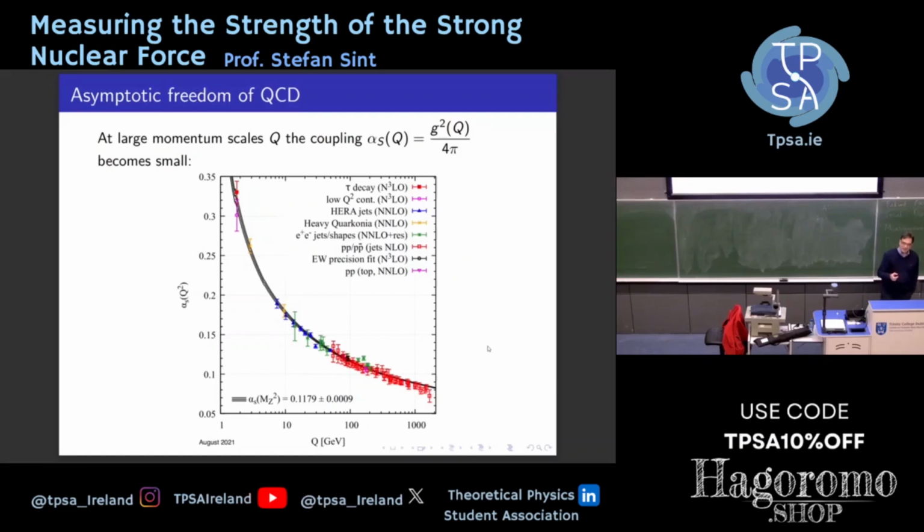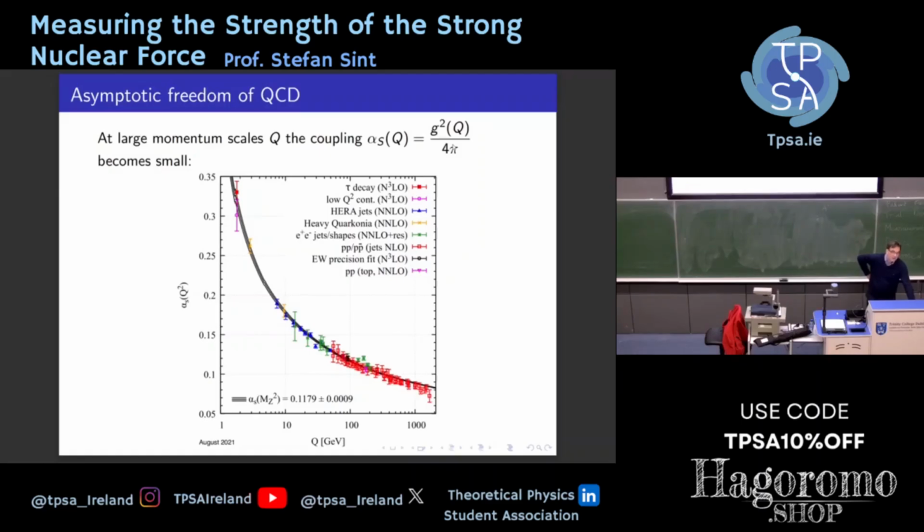Okay, so here I'm coming to the property of QCD which is called asymptotic freedom. And I've put a plot here with various experiments, which basically gives the equivalent of the fine structure constant in QCD, which is g squared over 4 pi. I said it's e squared over 4 pi in natural units in QED.